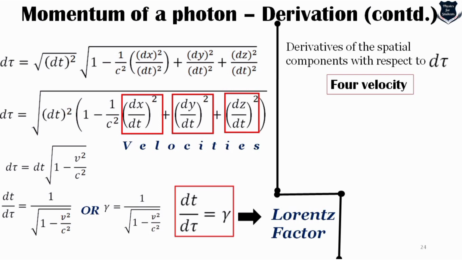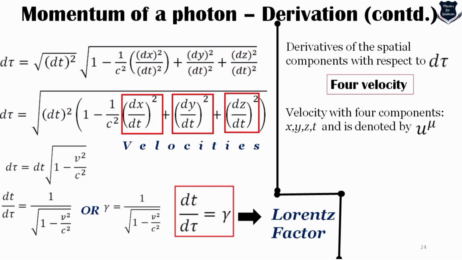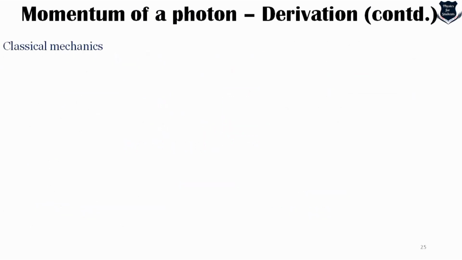It is simply velocity with four space-time components t, x, y, and z, as opposed to the normal space components x, y, and z. Four-velocity is denoted by u with superscript mu. The normal velocity is defined as the derivative of the spatial components with respect to time. So we can call it just the relativistic counterpart of the normal velocity.